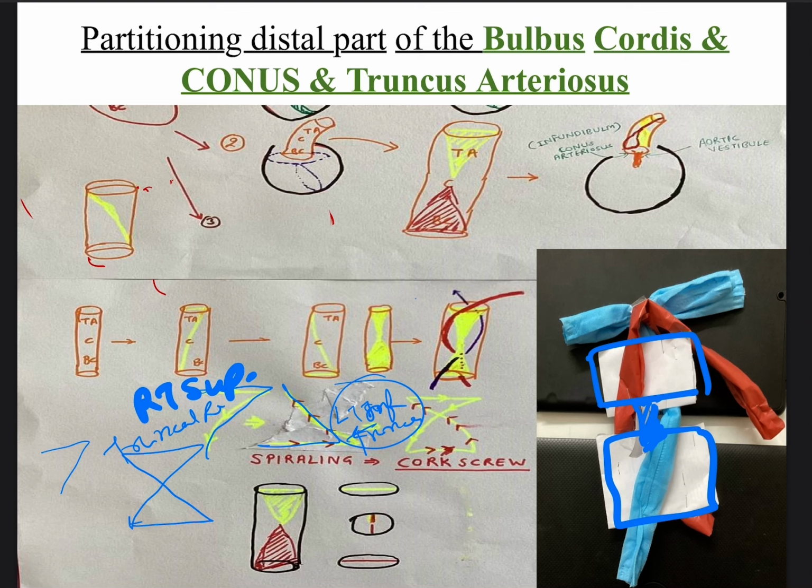Because of this spiraling, in the lowermost part and the uppermost part, it divides the tube into anterior and posterior sides, while at the mid part, which is developed through conal ridges, it divides into right and left halves.